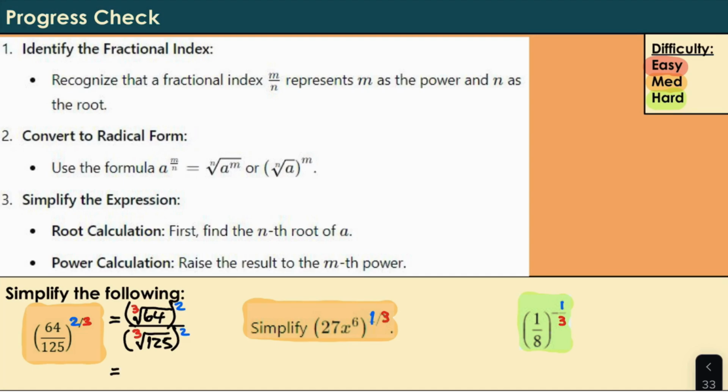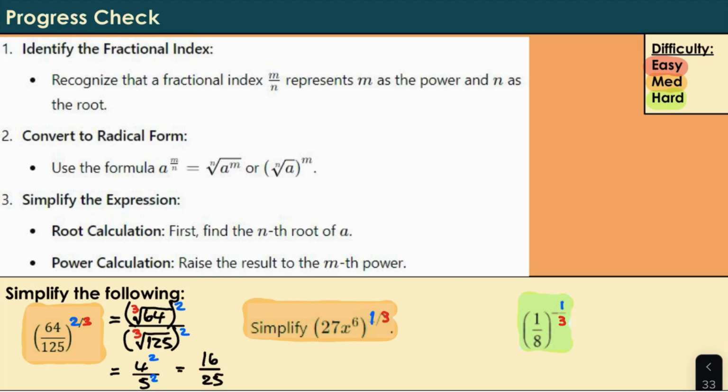The cubic root of 64 is 4, and we still need to square that. And the cubic root of 125 is 5, and we also still need to square that. That means our final solution will be 16 over 25.